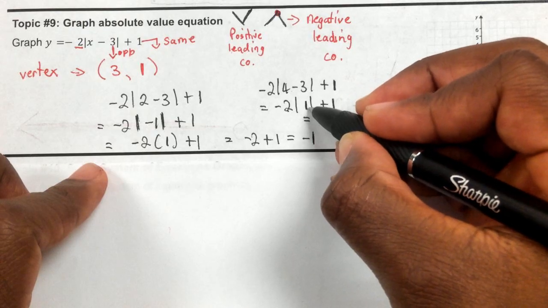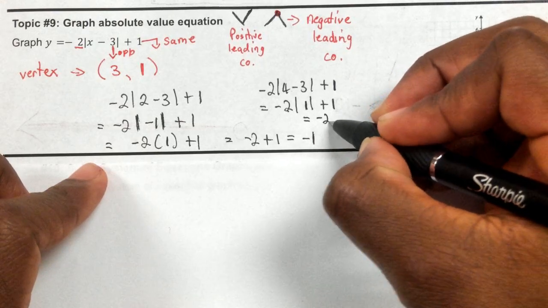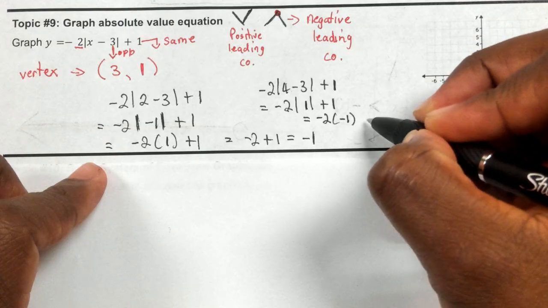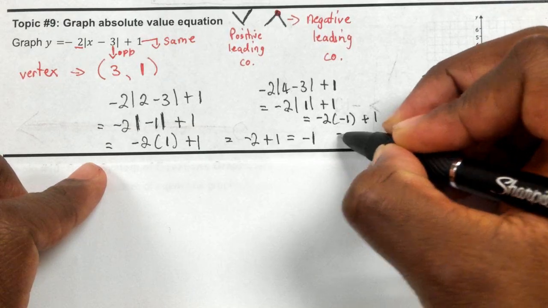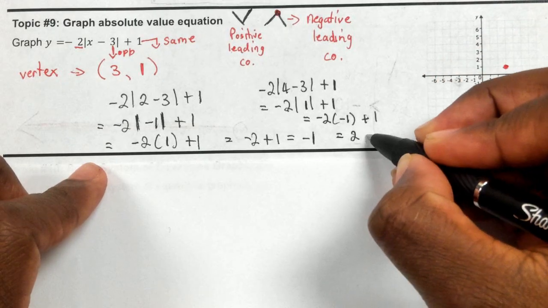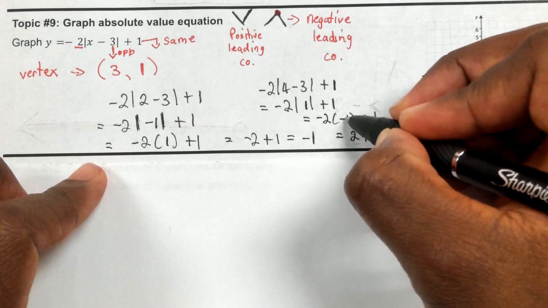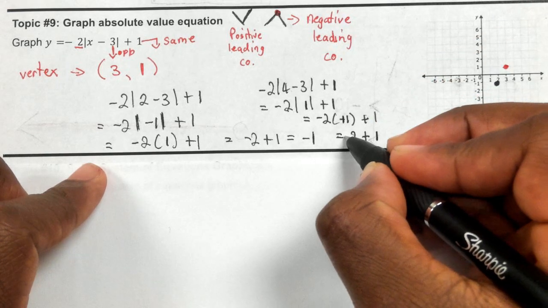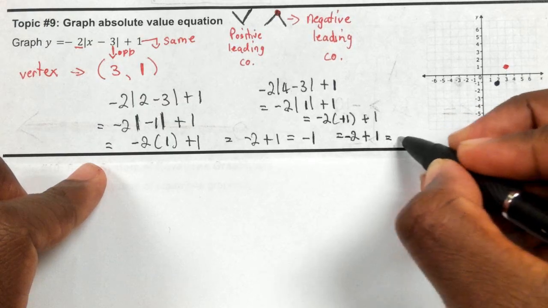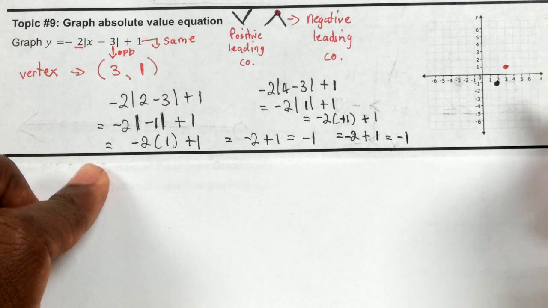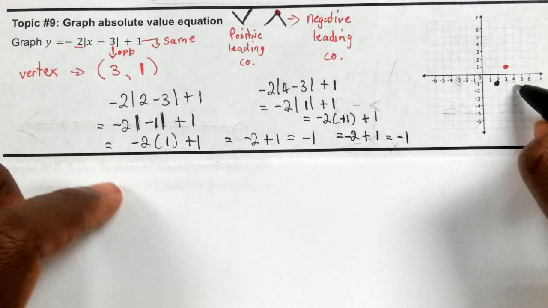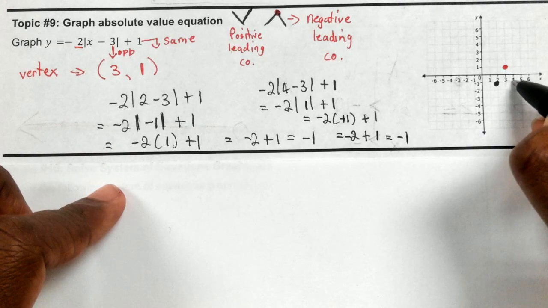When you have an absolute value, it makes that number stay positive. So I have -2 times 1, which is -2. Sorry, this should be a +1. So -2 plus 1 is -1. So that means this point would be (4, -1).